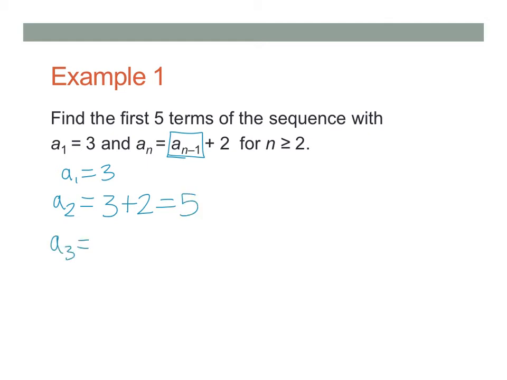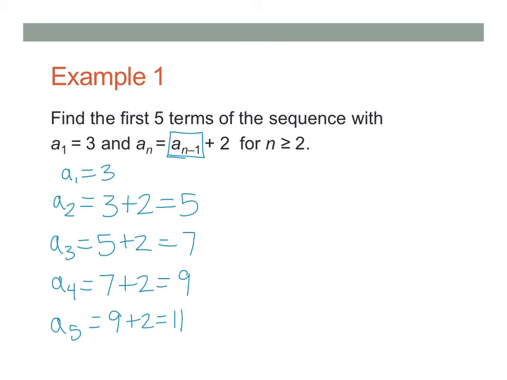A sub 3 means we take the previous term, which is 5, add 2 to it, giving us 7. A sub 4, take the previous term, which was 7, add 2 to it, giving us 9. Then the fifth term, take the previous term, which is 9, add 2 to it, giving us 11. So the first 5 terms of this sequence are 3, 5, 7, 9, and 11.